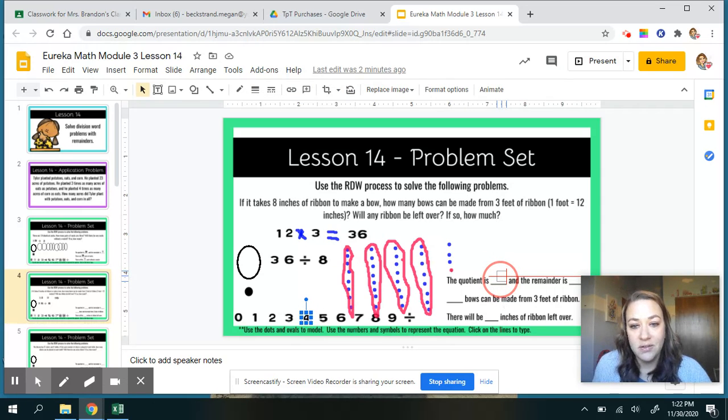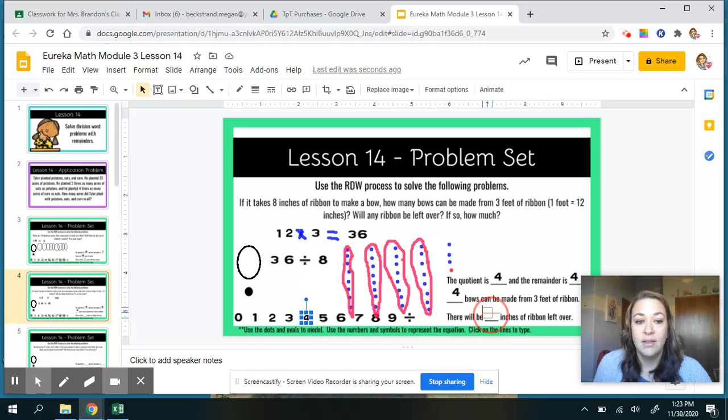The remainder, remember, that's how much is left over. So our remainder was 1, 2, 3, 4. So the answer would be 4, remainder 4. So we were able to make 4 bows from the 3 feet of ribbon, and there will be 4 inches left over. Lots of 4s.